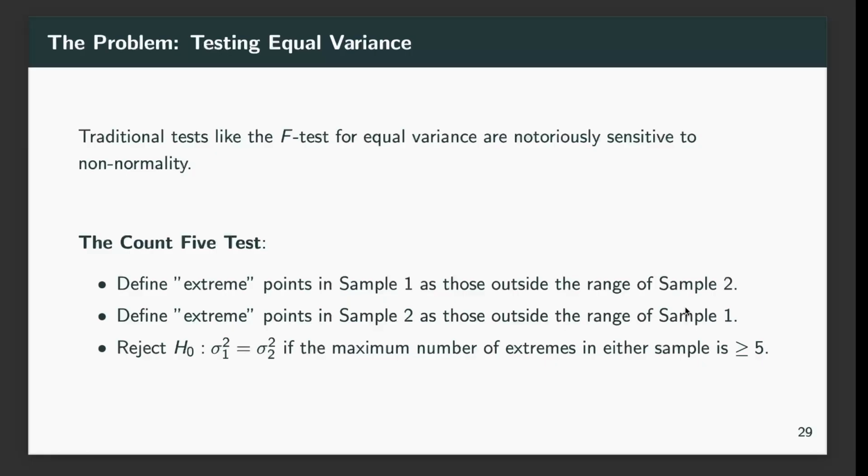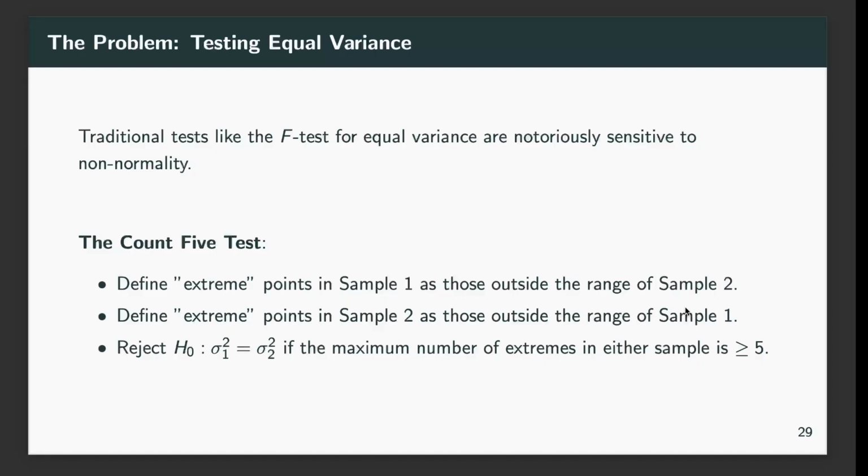Similarly for sample 2 relative to sample 1. The test statistic is the maximum of the two counts of these extreme points. The decision rule is to reject the H null if the maximum count is 5 or more.